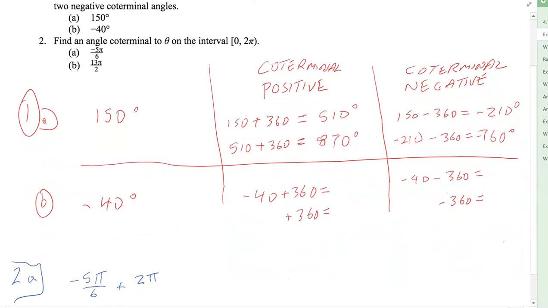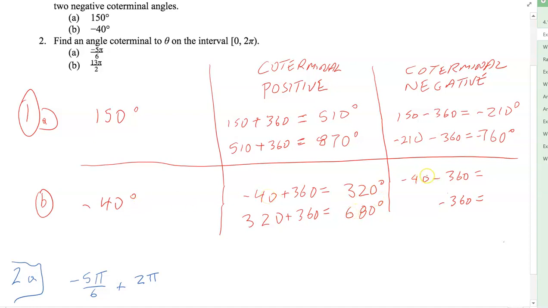Now we're asked to find 2 positive and negative coterminal angles for negative 40. We do the same thing, negative 40 plus 360. That should give you positive 320 degrees. And then if we take that positive 320 degrees, add it to another 360, we get 680 degrees. So that's your 2 positive coterminal angles there to negative 40.